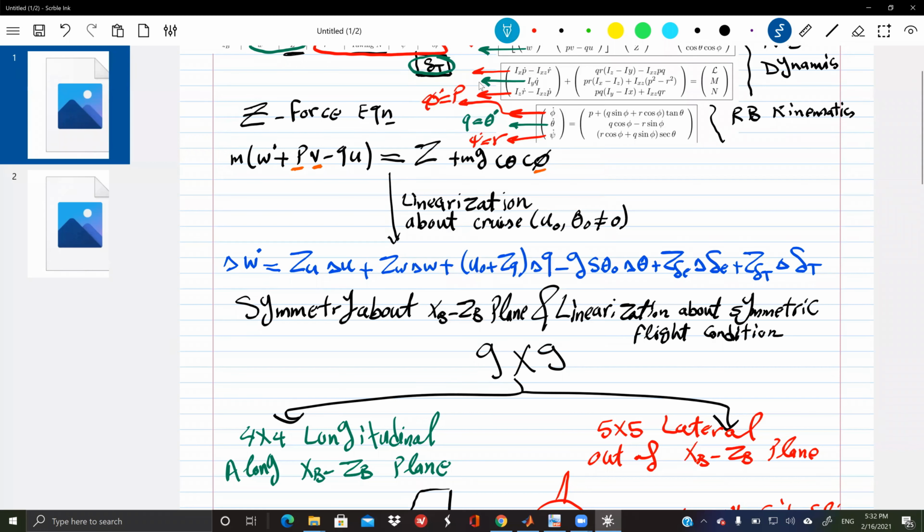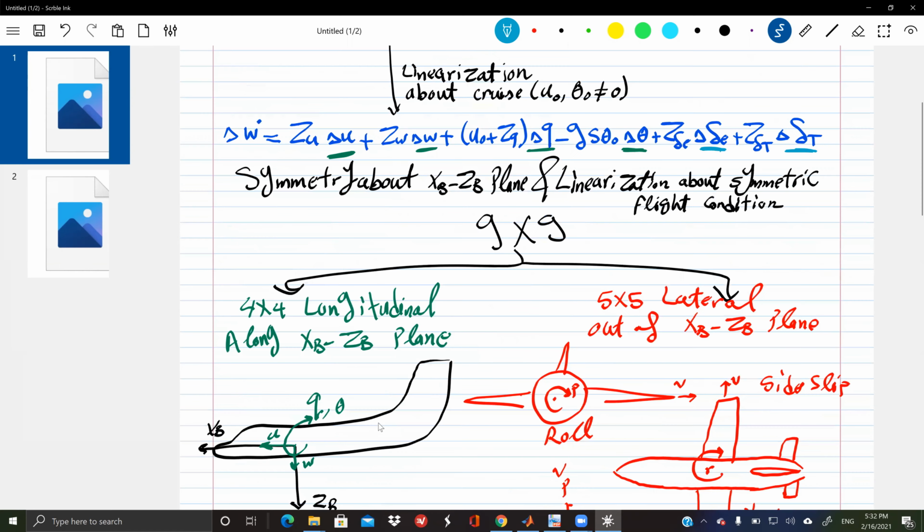My variables are U, W, Q, and theta. So U is a variable, W is a variable, Q, and theta. And my inputs are the elevator and thrust in the longitudinal. So please lump everything multiplying a variable together and lump all the inputs together. So at the end of the day, you will have this kind of thing.